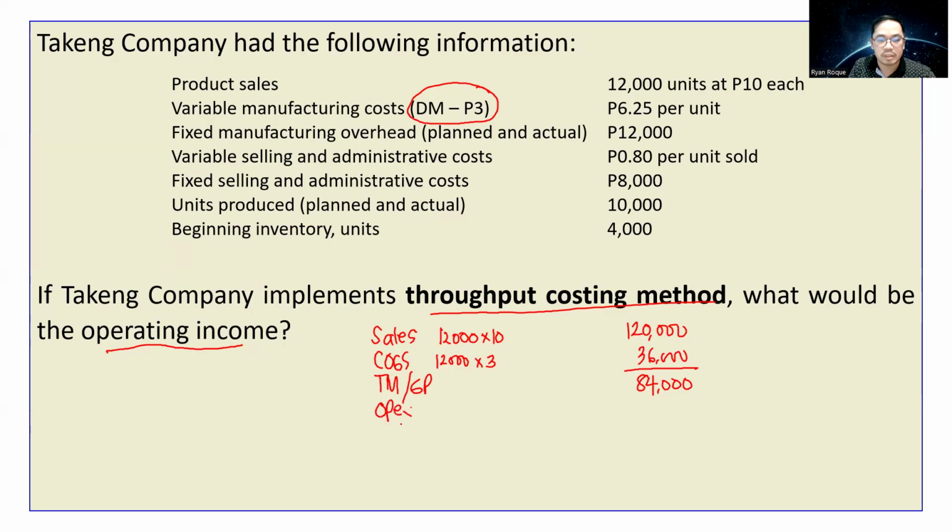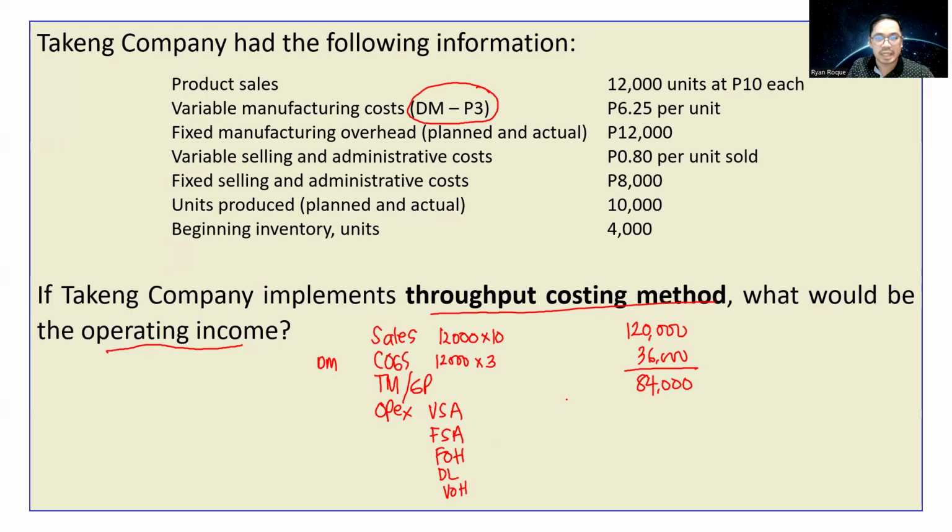So OPEX would include this time, again, the variable selling and administrative expenses, the fixed selling and administrative expenses, and that would include FOH as well, because in throughput costing method, only the DM, the direct materials, is the component of your product cost or cost of goods sold, meaning your fixed overhead, your direct labor, and variable overhead, all of this would be part of the operating expenses.